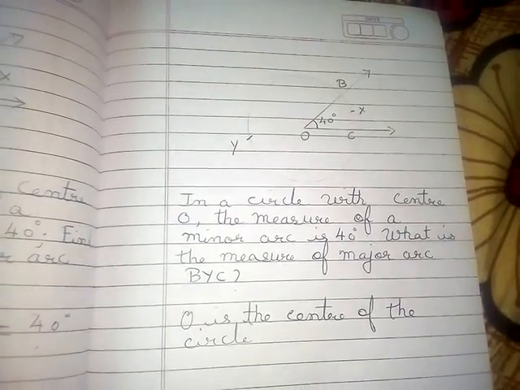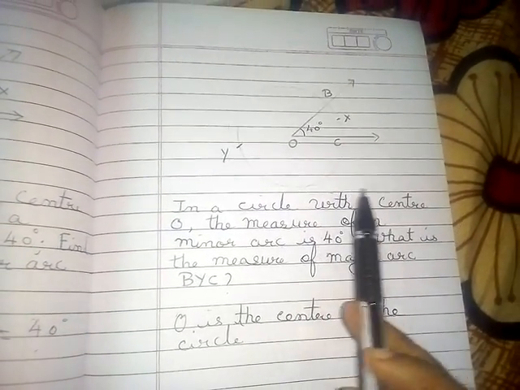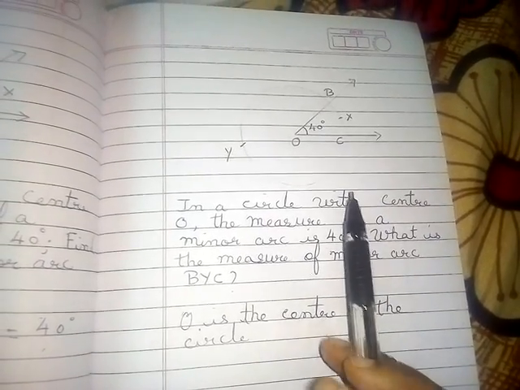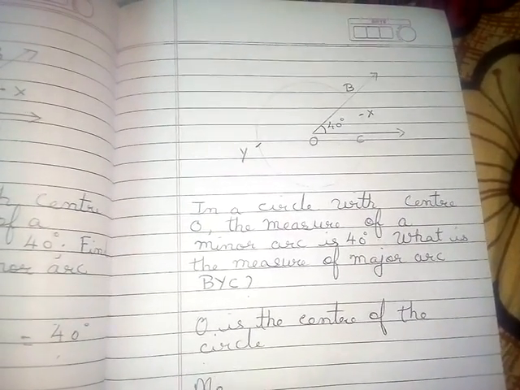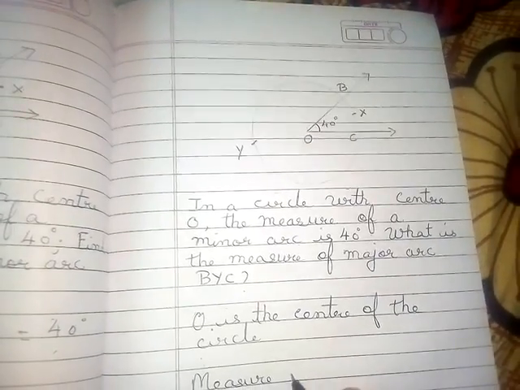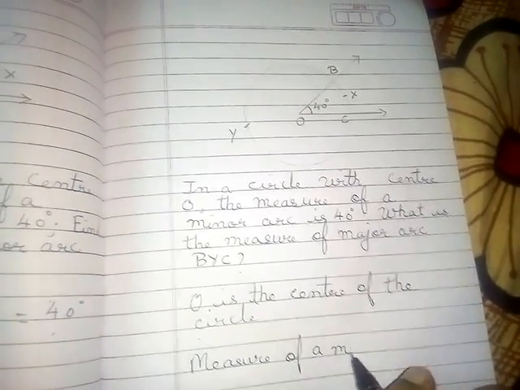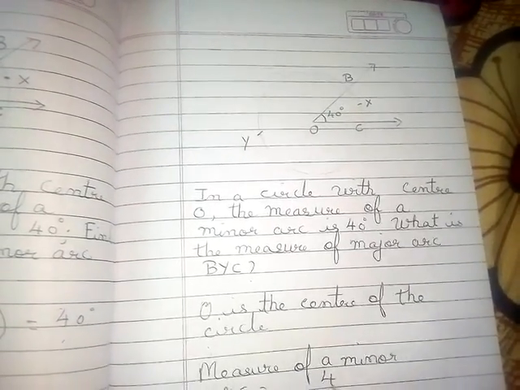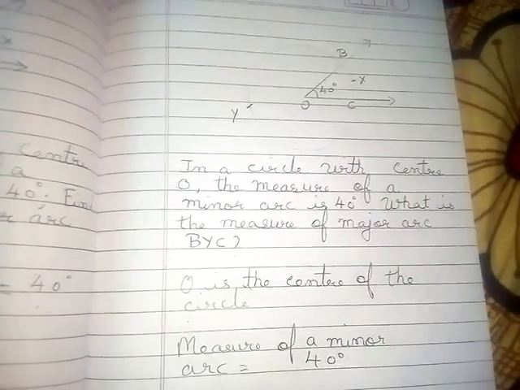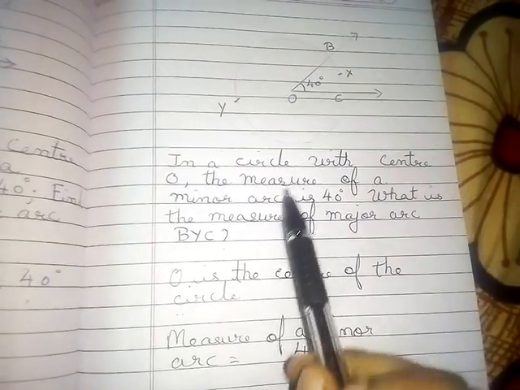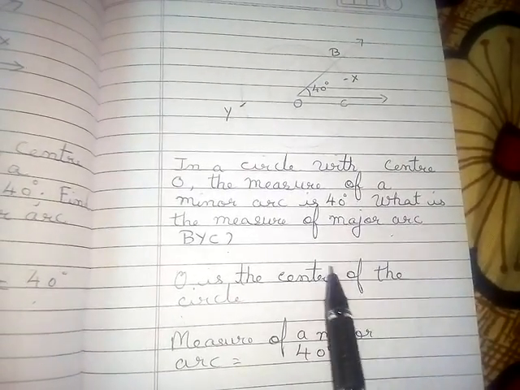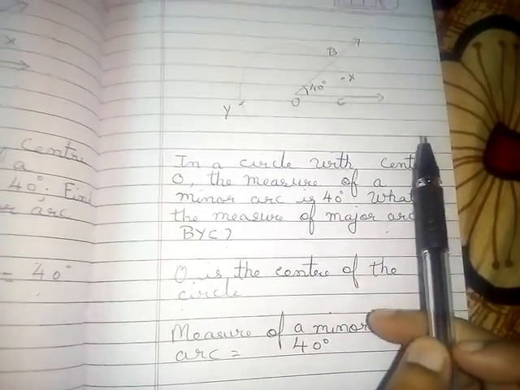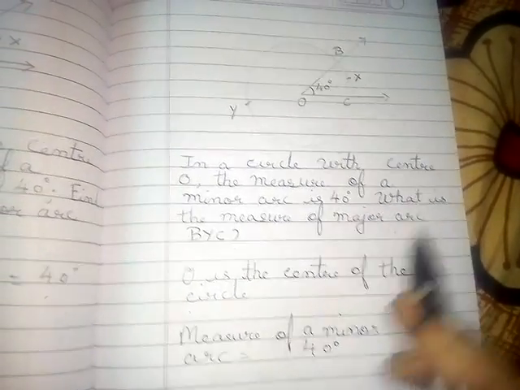Okay. Measure of a minor arc is 40 degree. Now formula, measure of major arc BYC is equal to 360 degree minus measure of the corresponding minor arc.